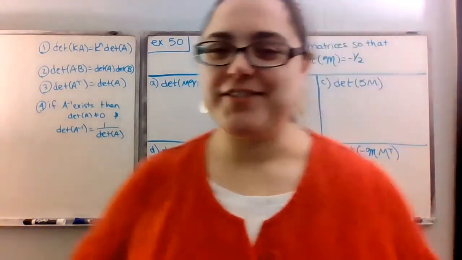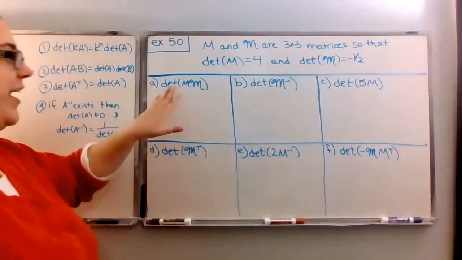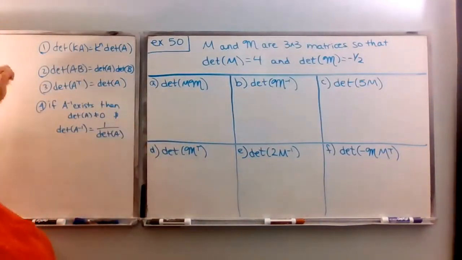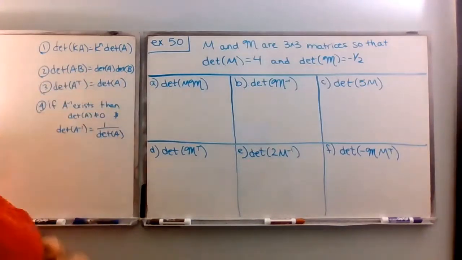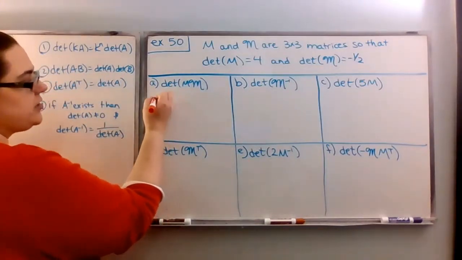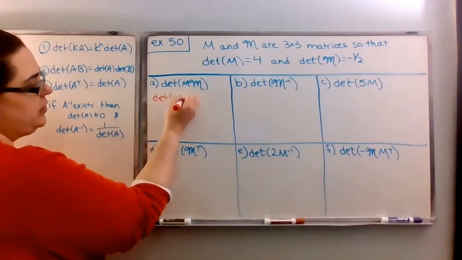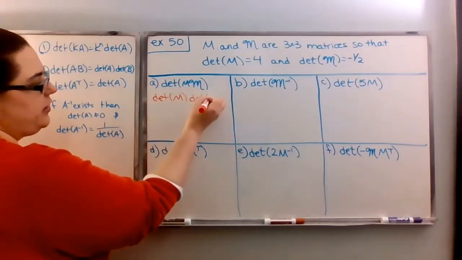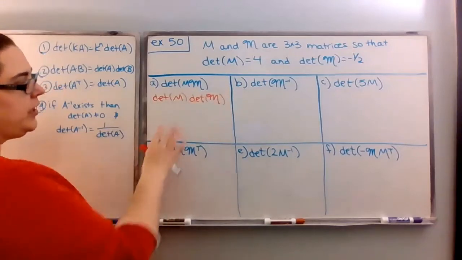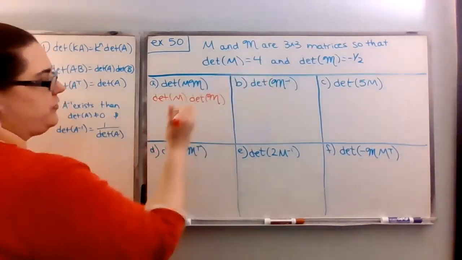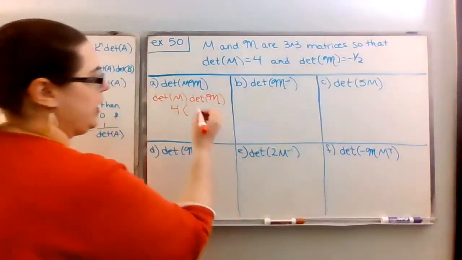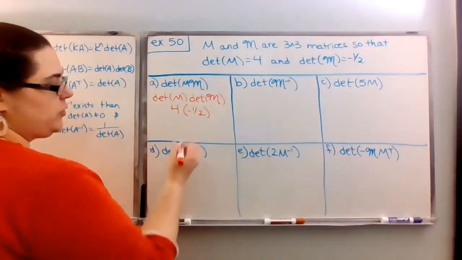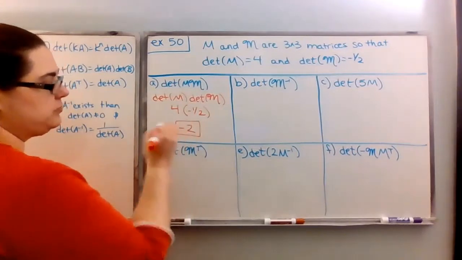So for this first one, the determinant of M times fancy M, I'm going to use my second property here to find the determinant of a product. It's the product of the determinants. So this is the determinant of M times the determinant of fancy M. The determinant of M is just 4, and for fancy M, it's -1/2. So we end up with -2.